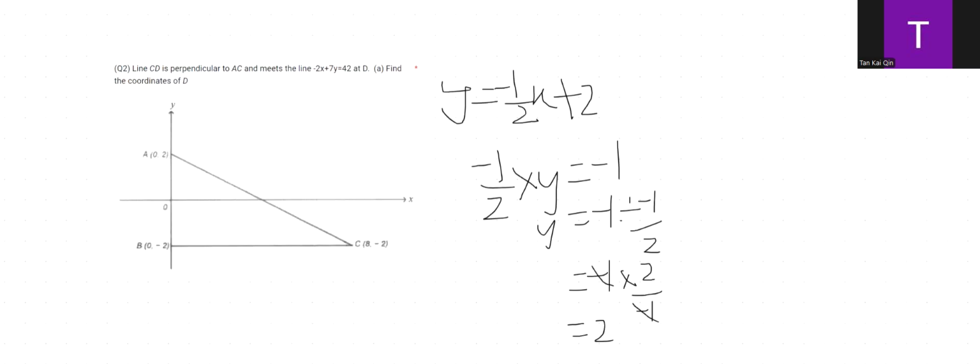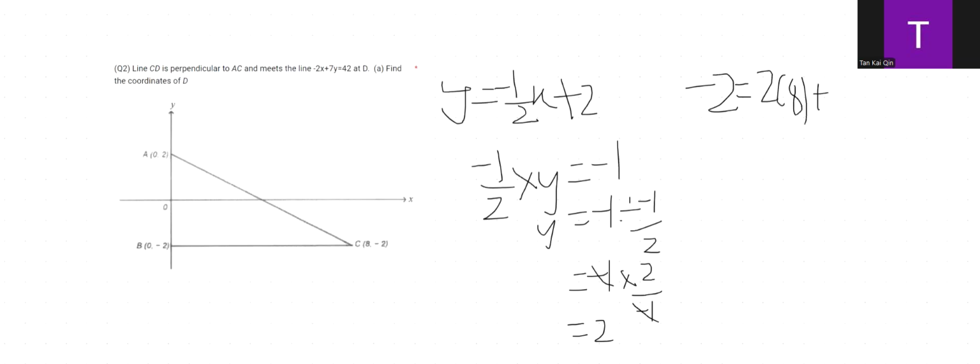So now we can find the line equation of the line CD pretty easily, since CD is connected to C, where we know the coordinates of C. Negative 2 equals 2 multiplied by 8, the x, plus c, the y-intercept.